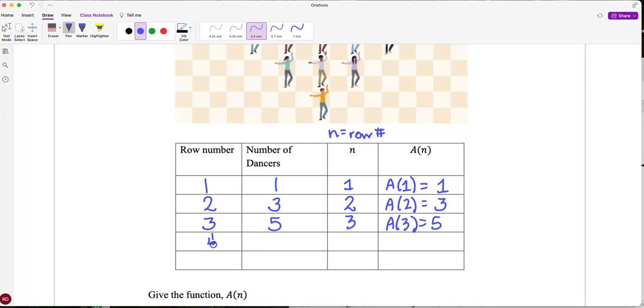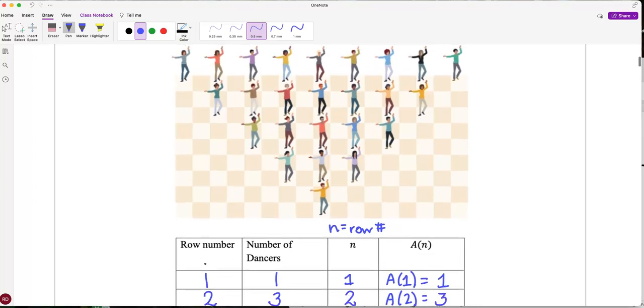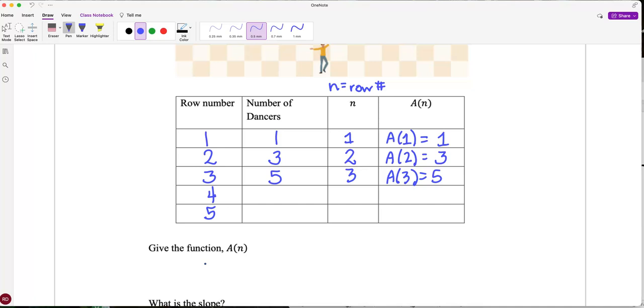And then if you go to rows 4 and 5, on row 4 we've got 7 and then 9. Yep, so I have 7 dancers and 9 dancers. So a of 4 is 7, a of 5 is 9.